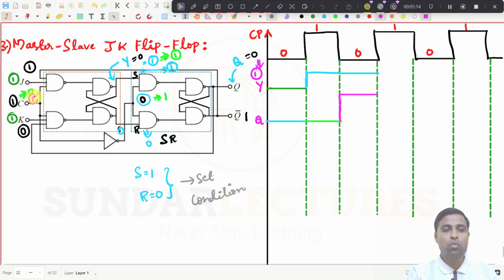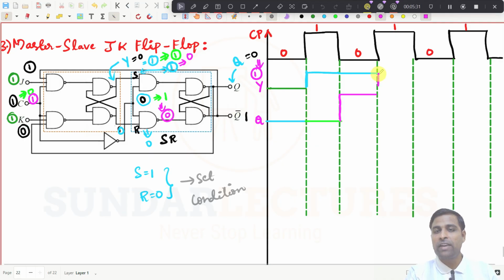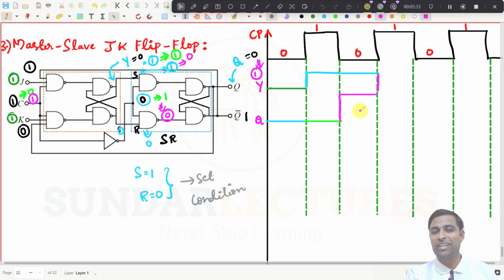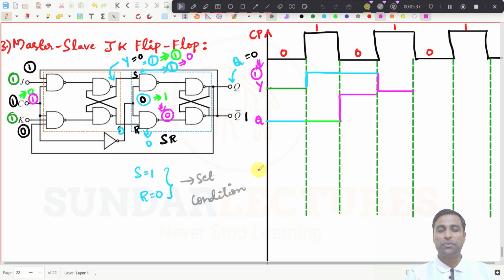If this is 1, this is going to become 0. Already J is equal to 1, K is equal to 1, and whatever the output is already there will be converted to 0 now. This Y is already 1 here, so it will be converted to 0.